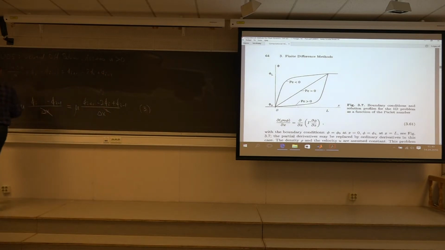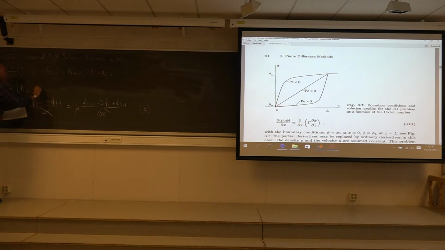And again, we baptize this one cell Reynolds number, and we now write it on the form phi i equal. Phi i plus 1 will have a factor of 1 in front of it, so we just write phi i plus 1.